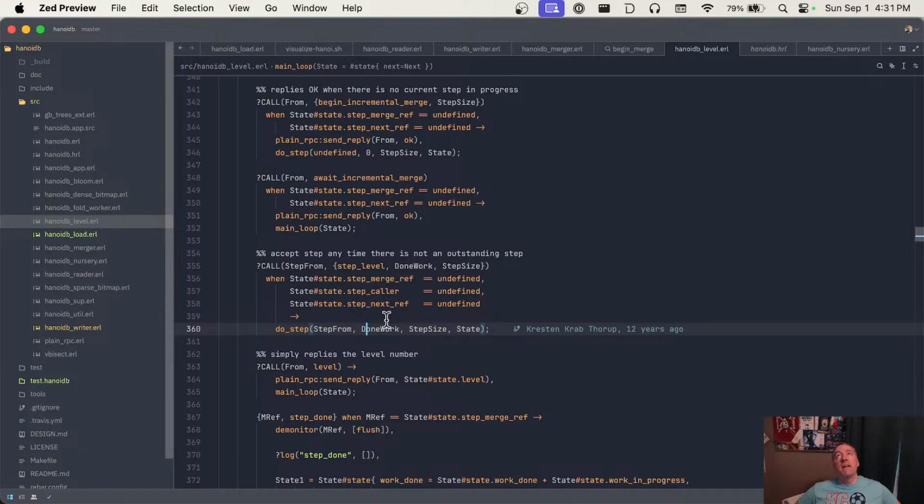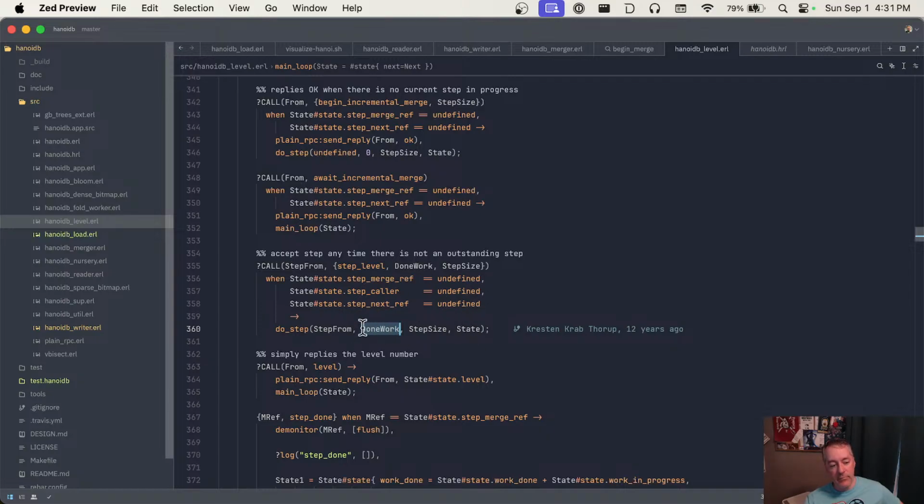This does cascade, but deeper levels don't do as much, because if a lower level is about to do a bunch, then it's going to say, hey, I took this many steps. So that's what the difference is here between this and what's in the state, right?